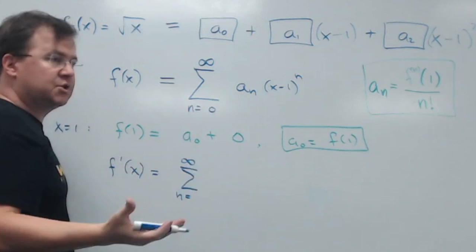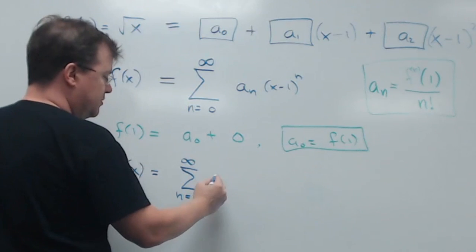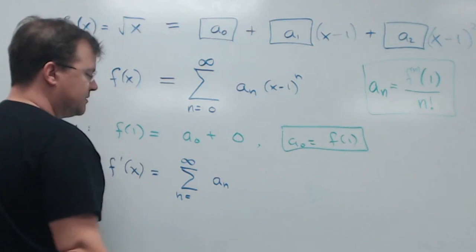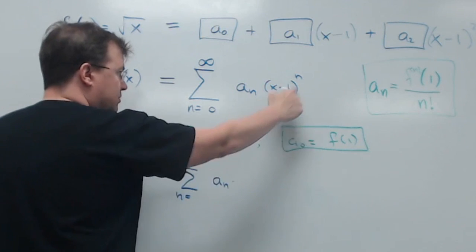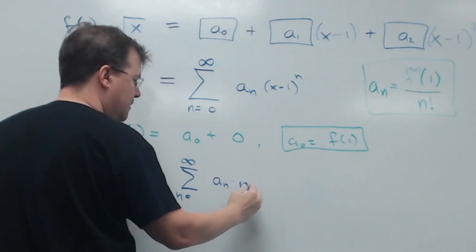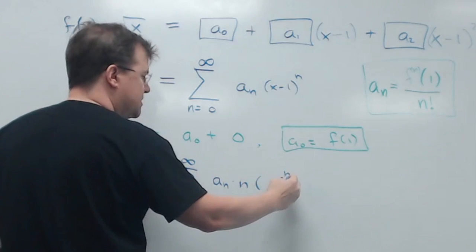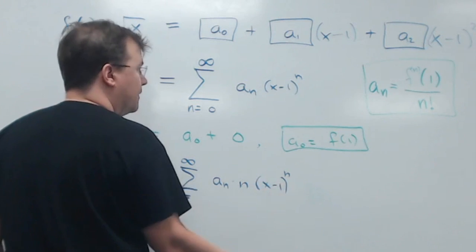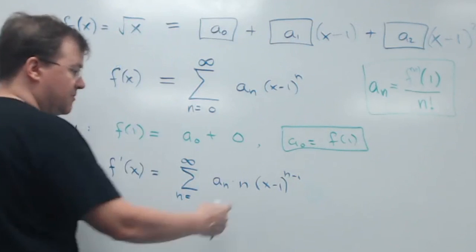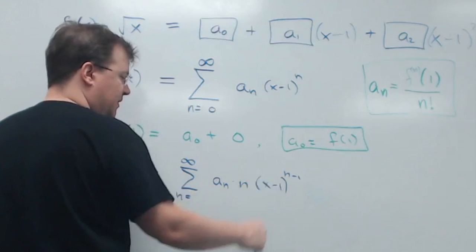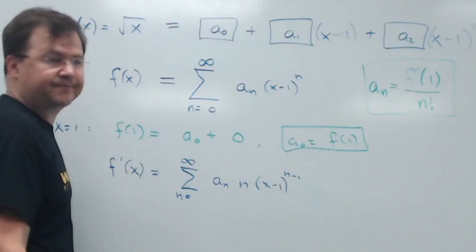For each term it's a different value, but each individual term is a constant. So the constant multiple rule says for the derivative of each term, I can set aside the constant. But the power rule says I've got to bring down the n. The chain rule says keep the inside the same, power decreased by 1. And then the chain rule also says take the derivative of the inside, multiplied by the derivative of x minus 1, which is just 1.